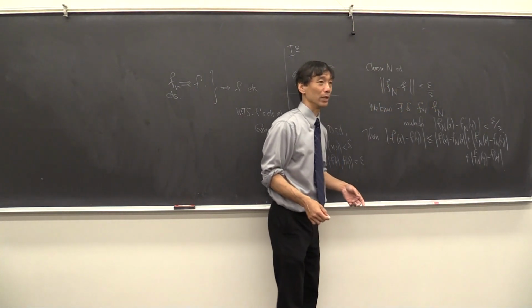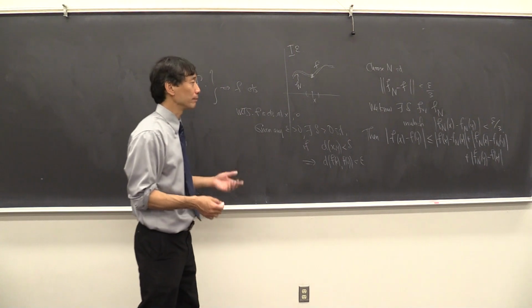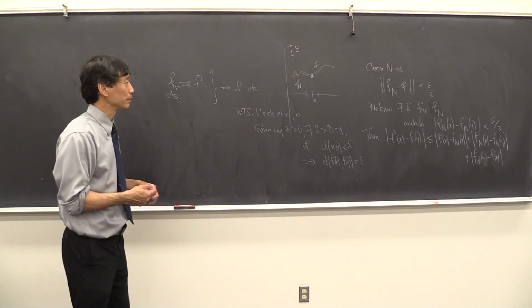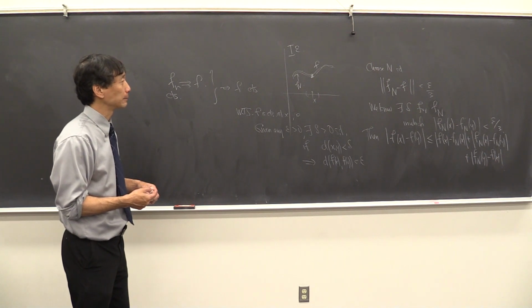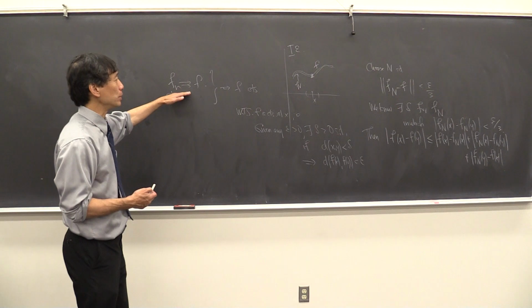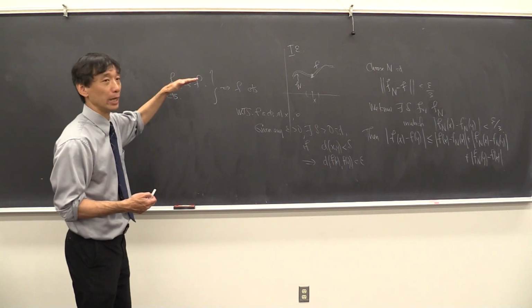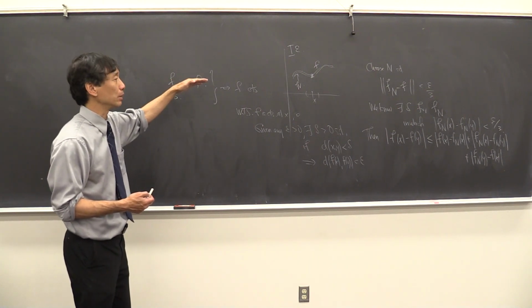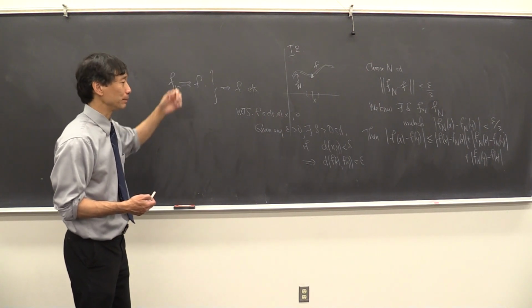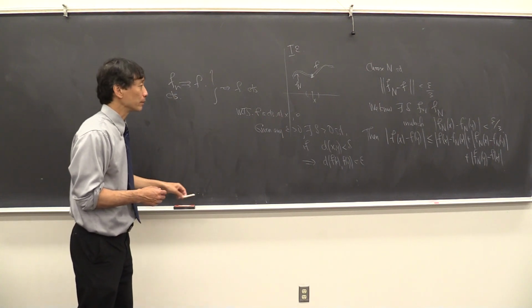And each of those things is smaller than epsilon over 3. So it's a standard argument. The uniform convergence is just used to get one function that is close, and then that function is continuous, so we can do it.